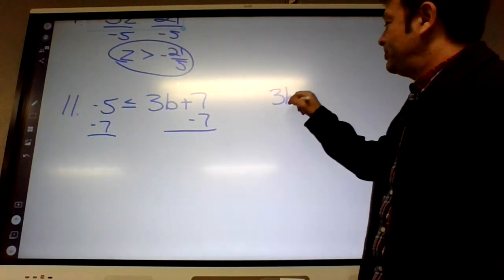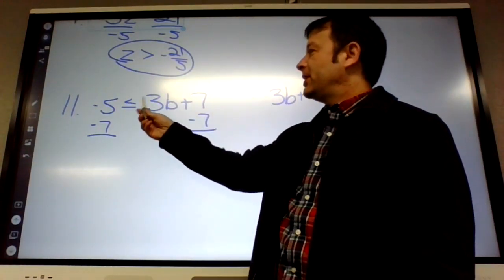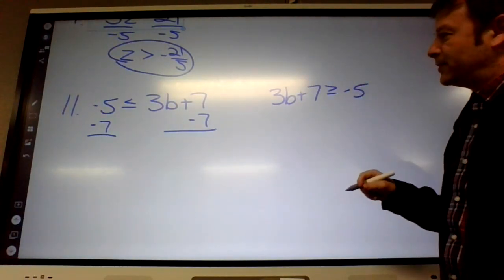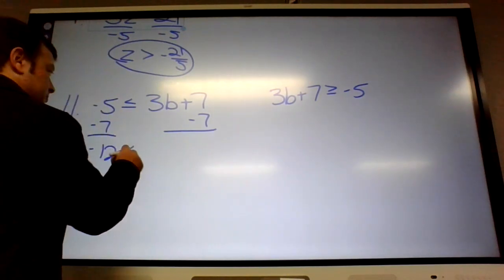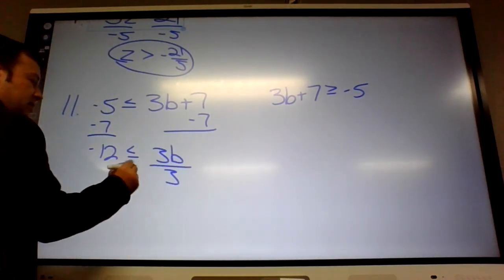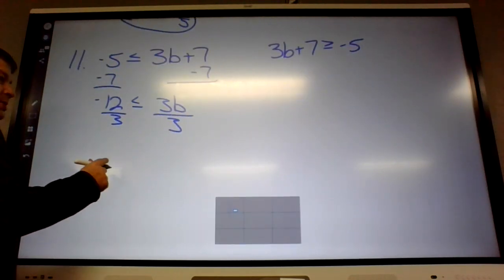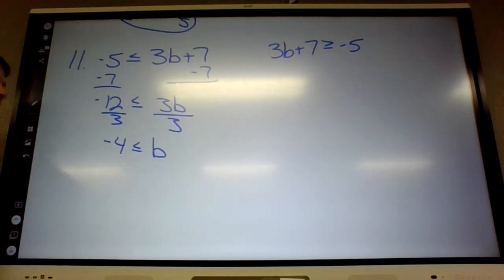If I put 3b plus 7 on this side, that should be greater than negative 5. So you could write it like that, solve it if you wanted to, but you don't have to. Okay, now what? Divide by 3. All right. Does the inequality switch? No. We're dividing by positive 3, so you don't have to switch anything.